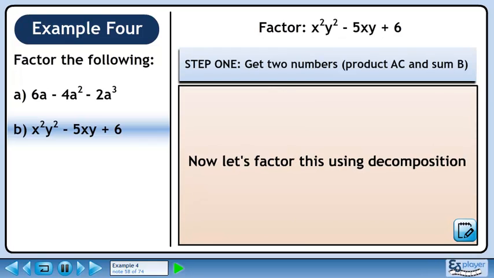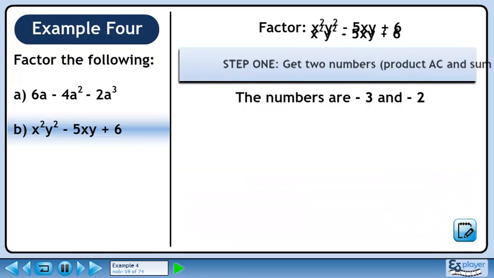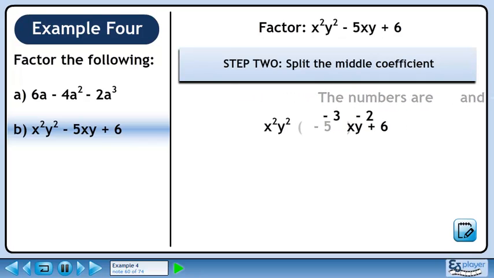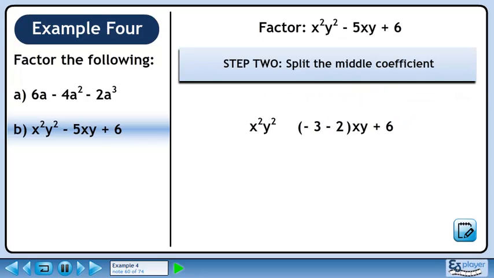Now let's factor this using decomposition. In step 2, we'll split the middle coefficient. Minus 5 is the same as minus 3 minus 2.